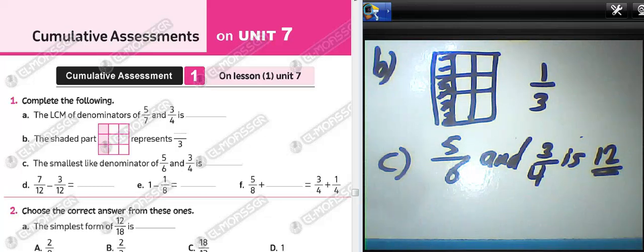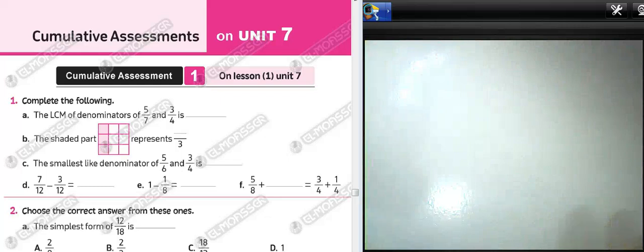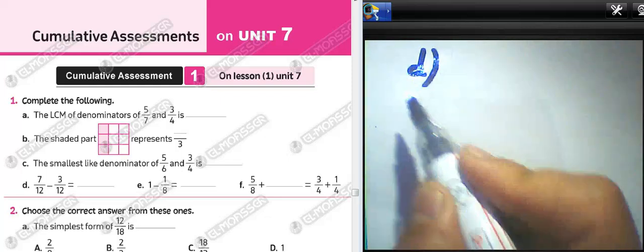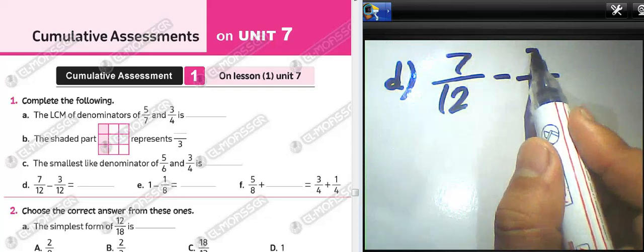Question letter D here. 7 over 12 subtract 3 over 12.